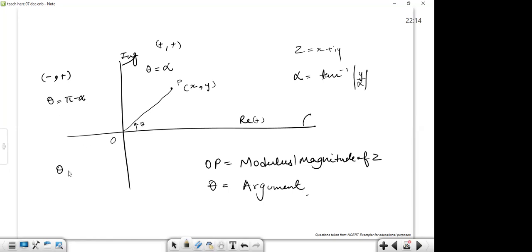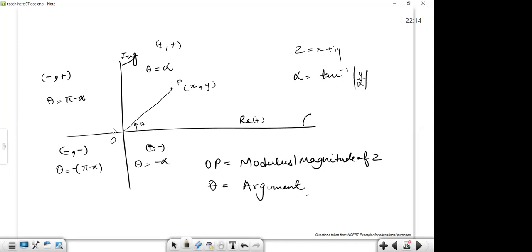Now it is simple, we'll put a negative sign and write the same. This is for the fourth quadrant where x is positive and y is negative. Here both of them are negative, and here we already talked about.